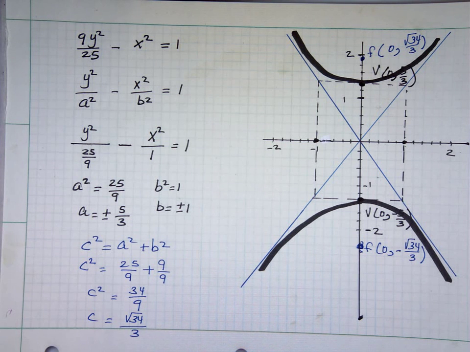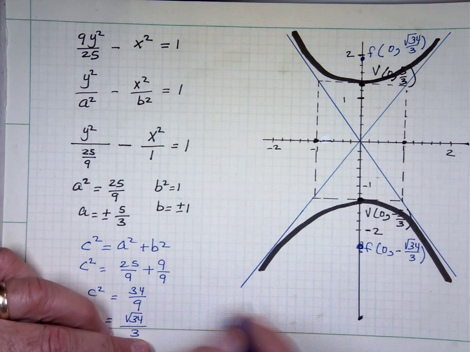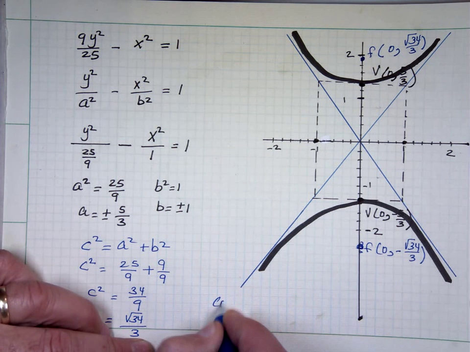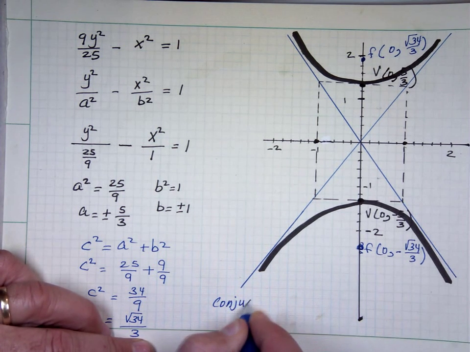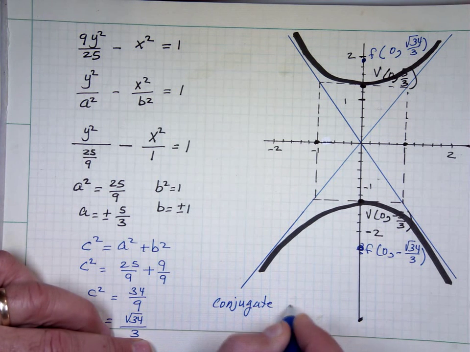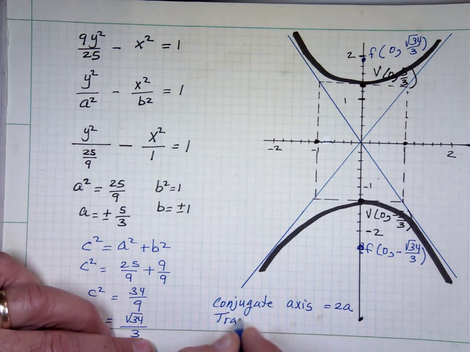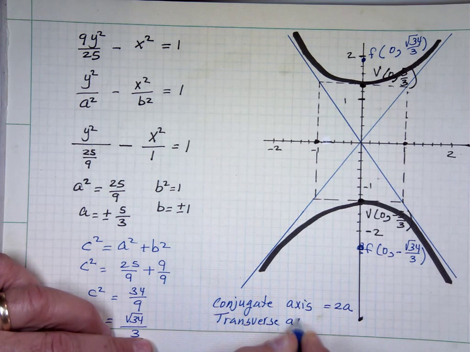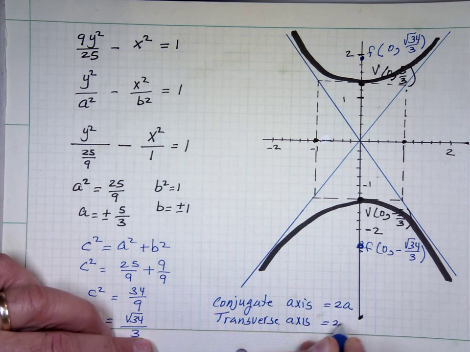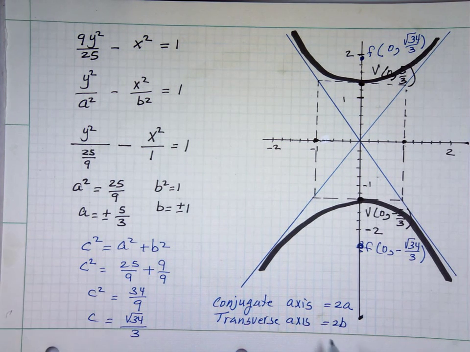Again, the conjugate axis, remember, conjugate axis, that's twice A. Transverse axis, twice B. So in this example, what's twice A? 10 over 3.